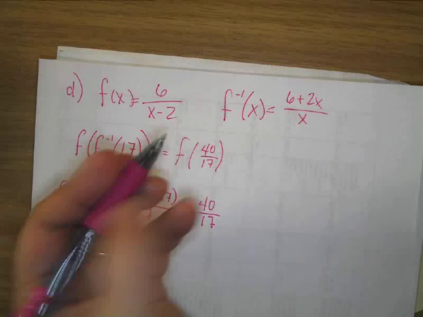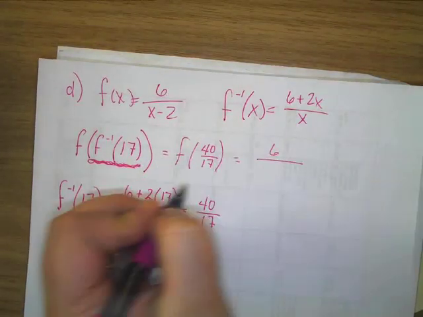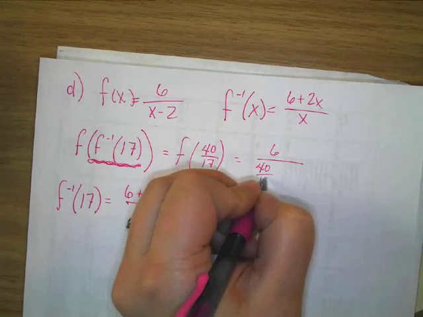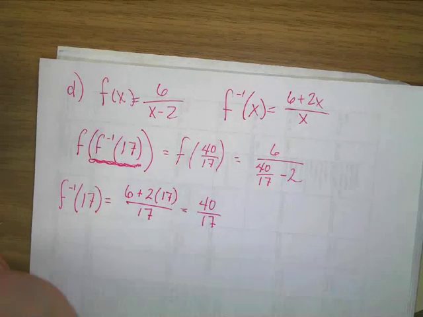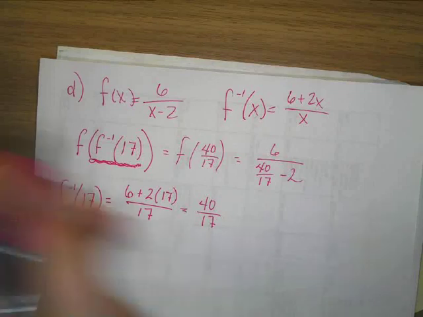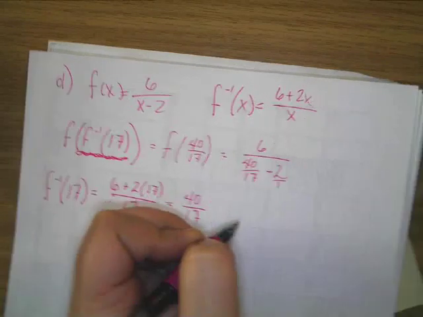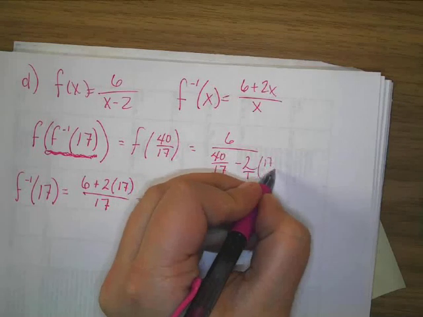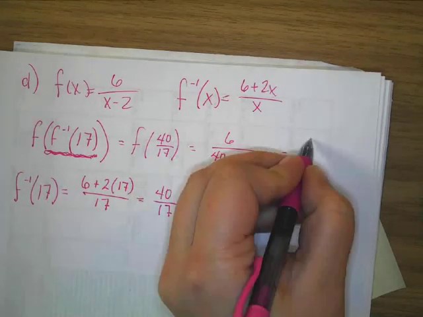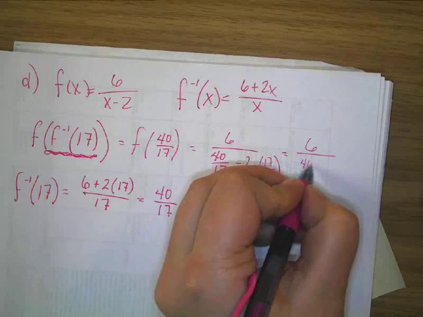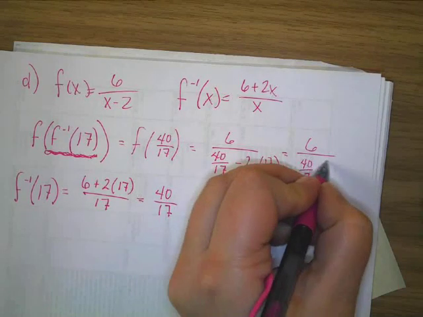So now in my f function, instead of an x, we're going to put 40 17ths. In the bottom, we need to make common denominators, which is 34 over 17. So you have 6 over 40/17 minus 34/17.